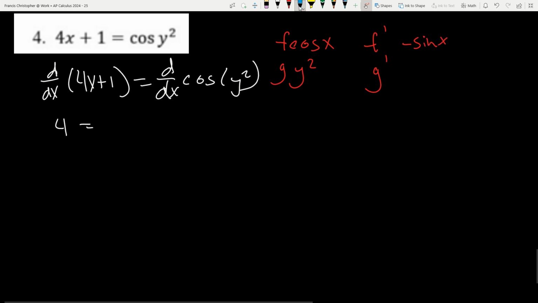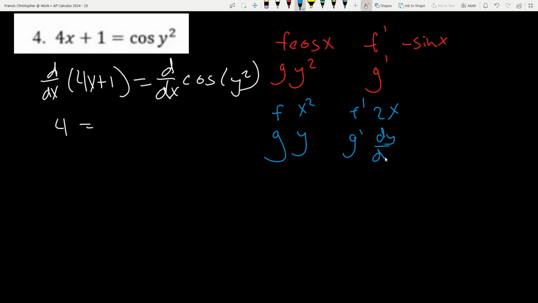And we've already done y squared, but I'll just do it one last time just to emphasize differentiating y with respect to x. So x squared, y, again, you can check, put g into f, you get y squared. We're trying to find g prime. This is 2x, and g prime is going to be dy dx.